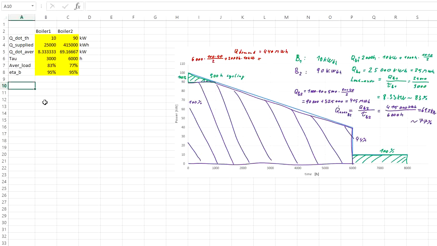So now, when we have the operational efficiency and the supplied heat, we can get the required heat input in fuel, which is the supplied heat divided by the boiler efficiency.